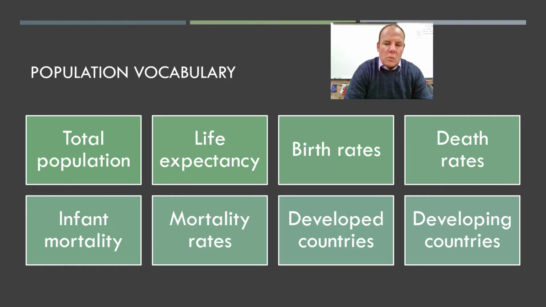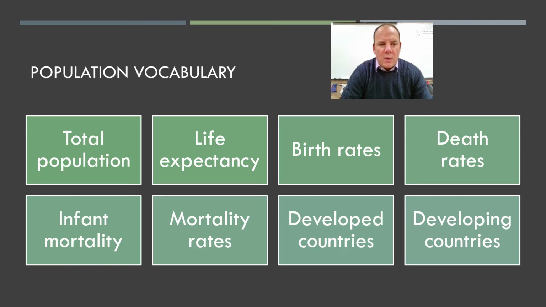And as a result, we divide the world into developed countries and developing countries. Developed countries are rich countries, developing are poorer countries. And there is a close association between population characteristics and how developed a country is. So when we start talking about population, we start using a whole range of vocabulary, and that's why I put it there, because when we look at population, we are looking at stats.